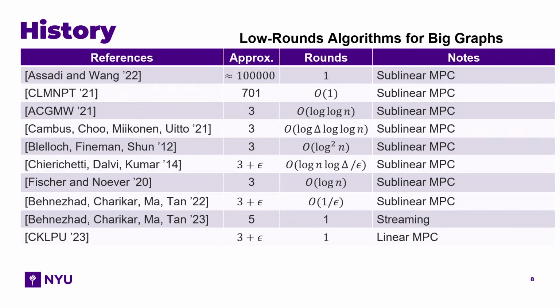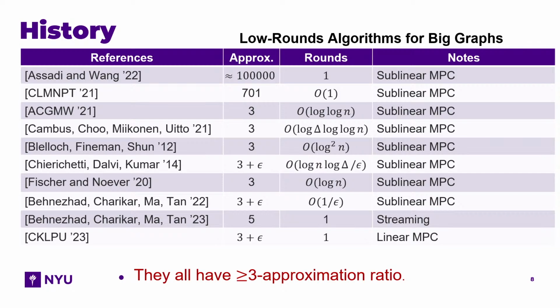There is a lot of work trying to get a better approximation ratio and also fewer rounds. You can think of the rounds as the depth. You can see all of these approximation ratios get stuck at 3. They can even achieve a 1-round algorithm, so you just need 1 round of MPC. In the MapReduce model, you can get a very good round complexity here.